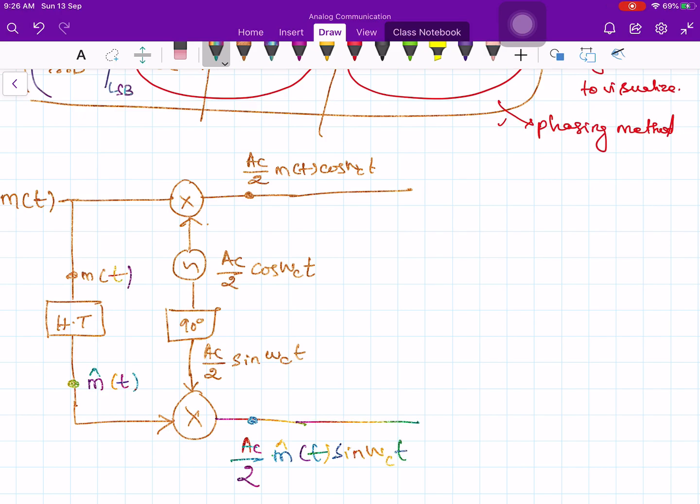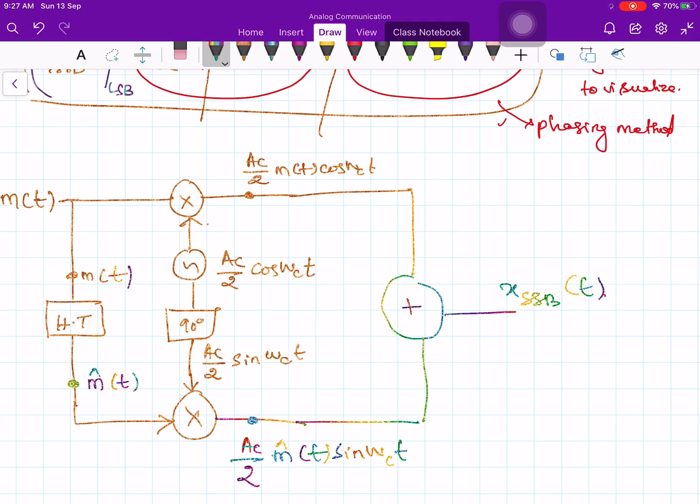Take these two and put an adder, that's it. This is your x SSB of t. So it looks like a very neat and very simple diagram. Okay, so this is the second method.